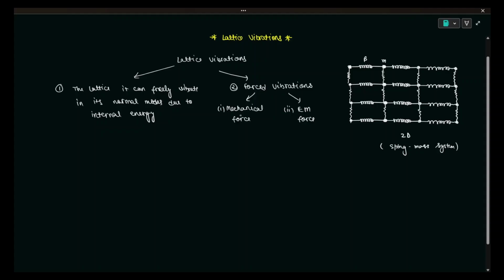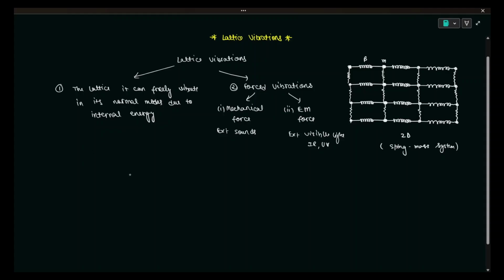The first type, mechanical force, for example, could be because of sound, while in this case, the example could be visible light. It is not necessary that it should be visible light. It could be IR or UV and other parts of the EM spectrum.